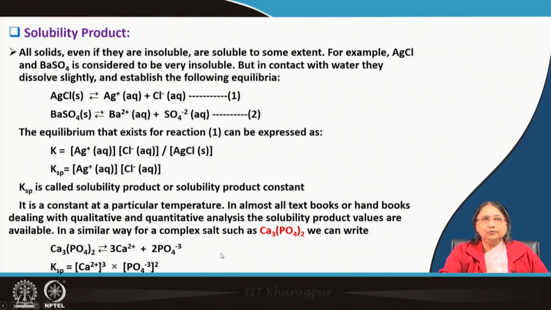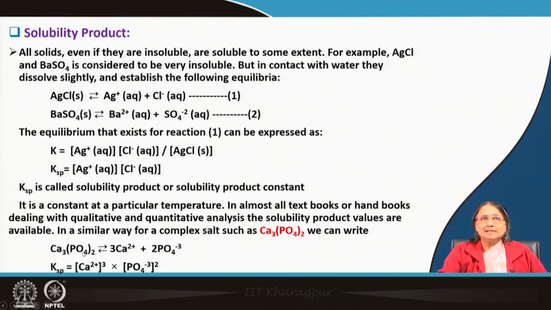In a similar way, for a complex salt, as opposed to this very simple formula, AgCl, barium sulphate, developing the equilibrium expression is very easy, but for a salt like calcium phosphate, Ca3(PO4)2, how to develop the equilibrium expression has been shown.